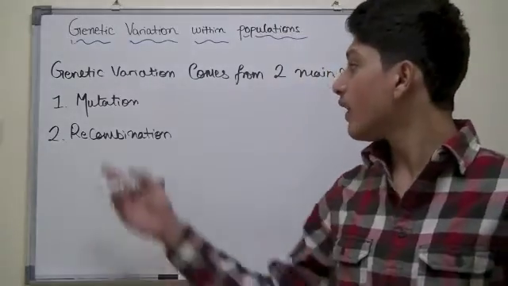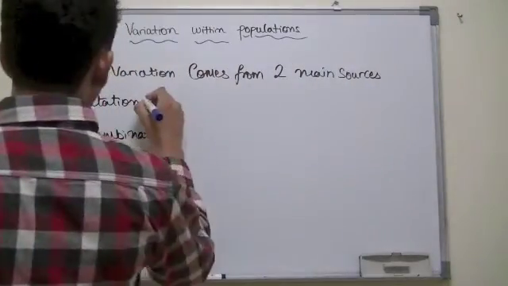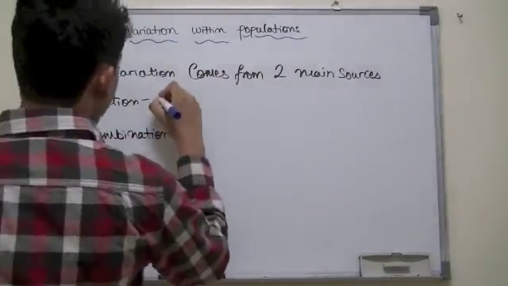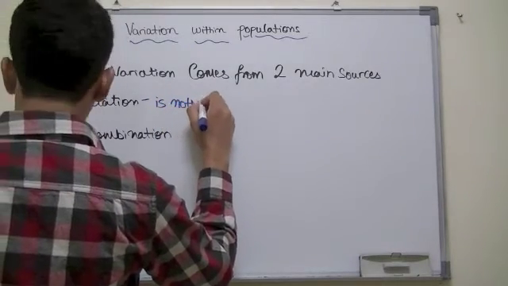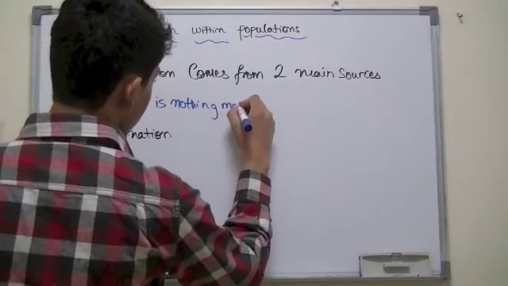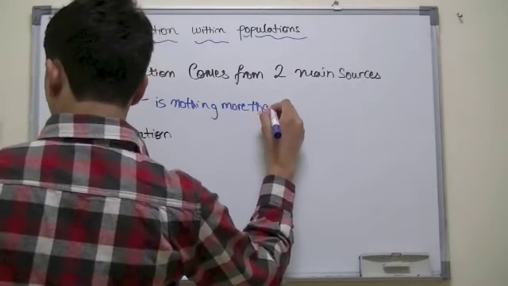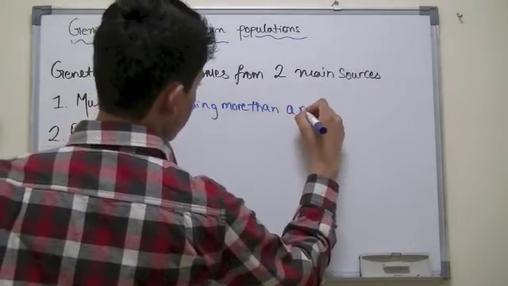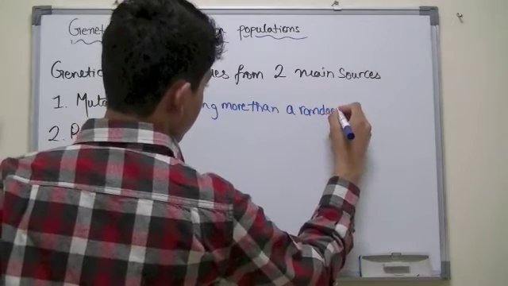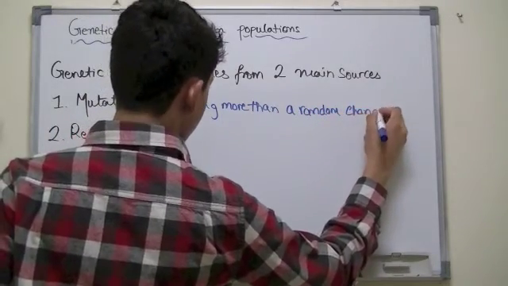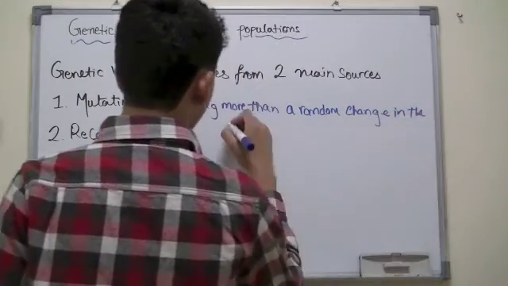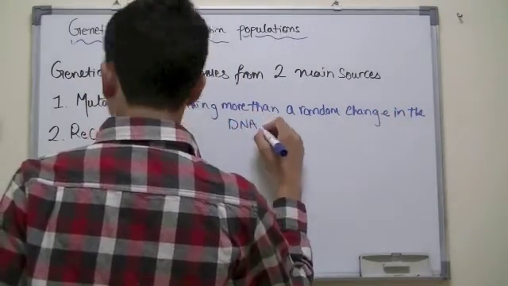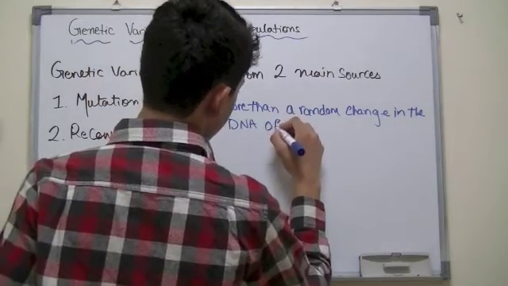To summarize mutation, mutation is nothing more than a random change in the DNA of a gene.